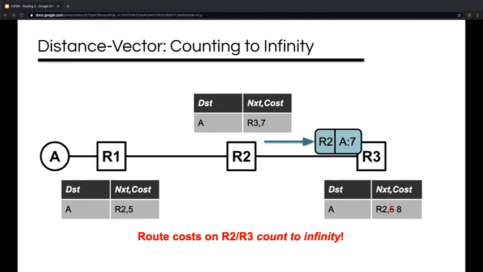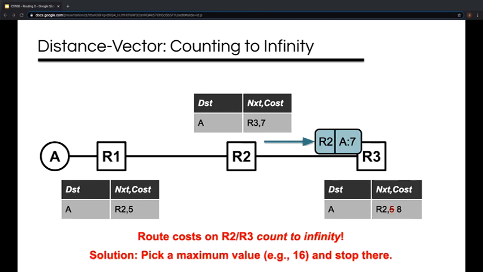Just stops. So 16 is effectively infinite for RIP. And so then you get to 16 and you stop. It doesn't update your table anymore. And then you converge, right? And so in this case, you'd say, okay, A becomes infinity, A is unreachable, which of course, it was in this example.